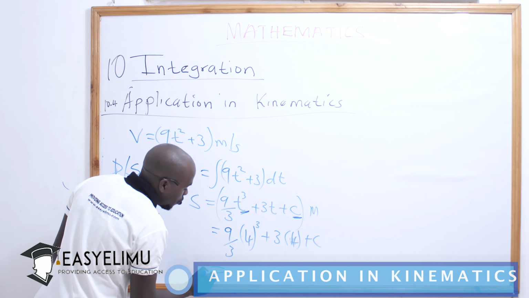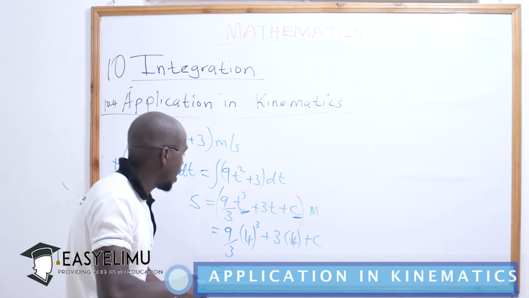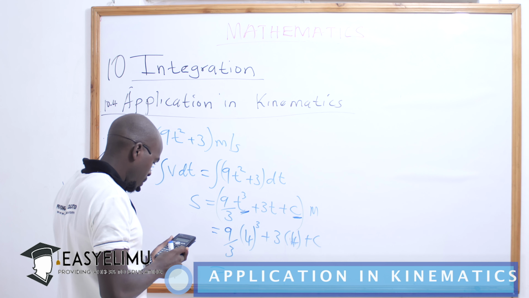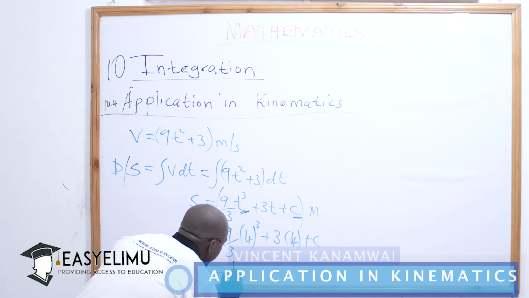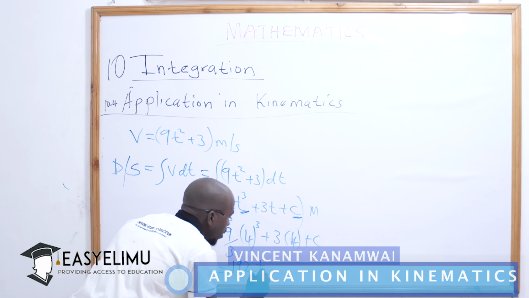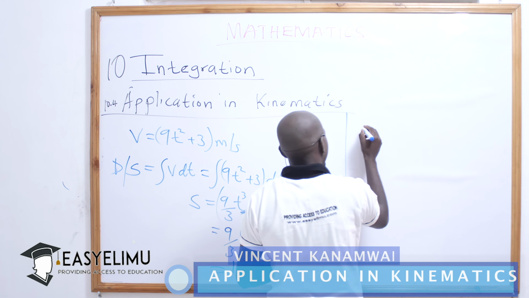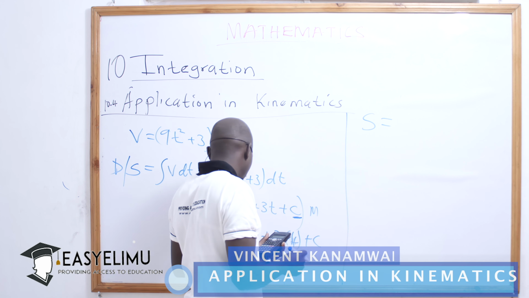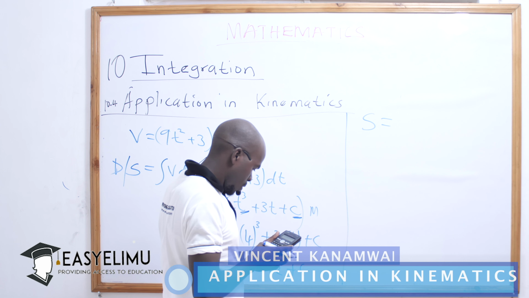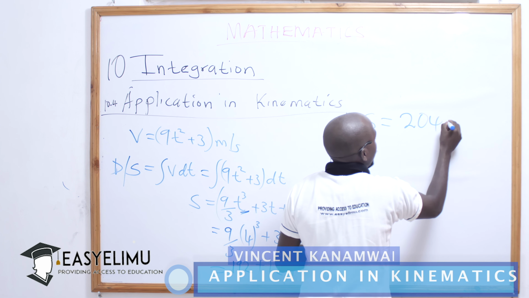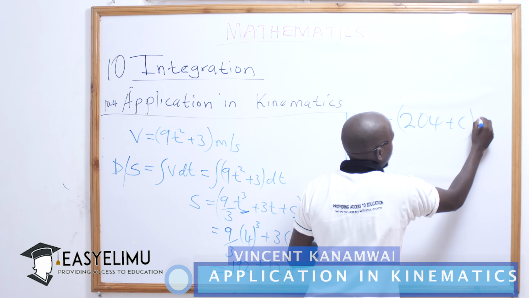So we are going to find the displacement here now will be 192 plus 12 plus c, and we shall find the displacement s is equivalent to 204 plus c meters.